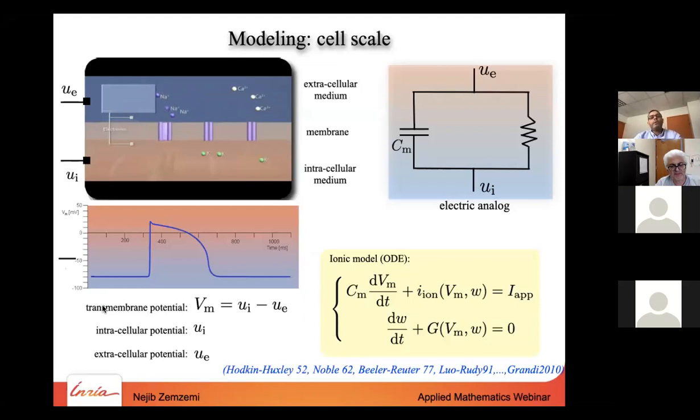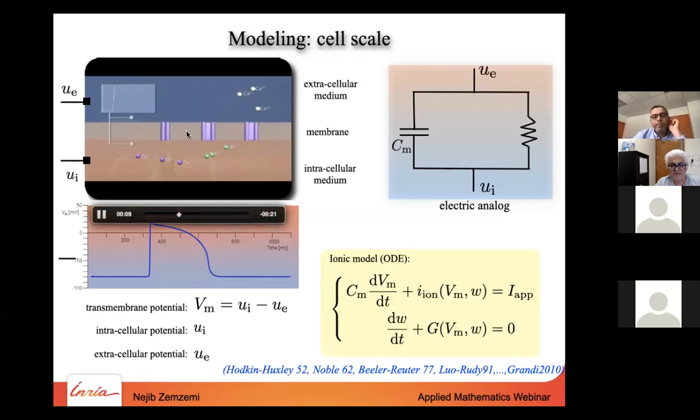In order to make a model for this phenomenon, you have to look at the behavior of the membrane. The first thing is that the membrane has a capacitive behavior, and it works as a capacitance. So there is a capacitive current, which is the capacitance times the time derivative of the potential.